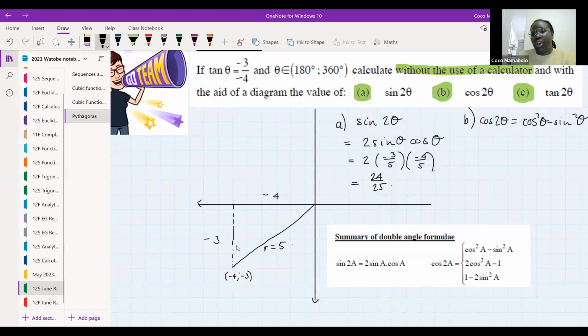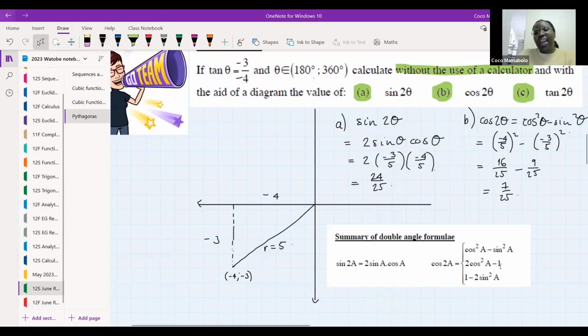That will give me cos 2 theta is (-4/5) all squared minus (-3/5) all squared. And this will give me 16/25 minus 9/25, and that is equal to 7/25.